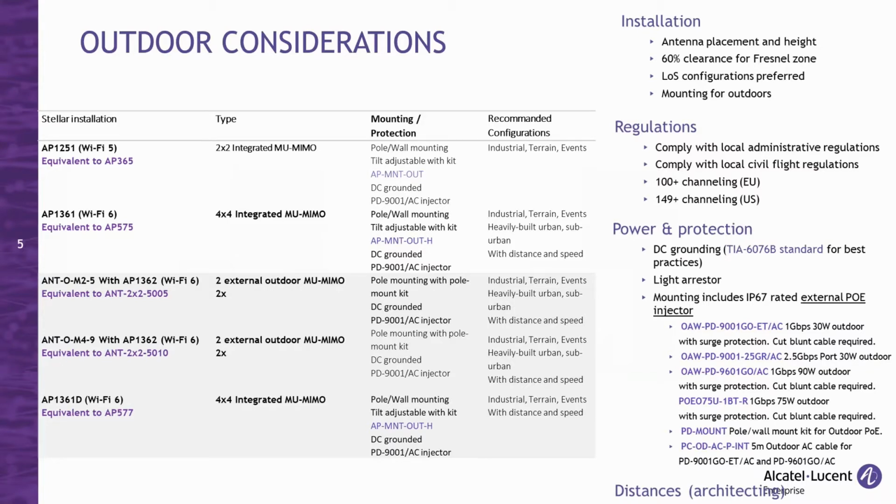A list of PoE injectors supplied with Stellar access point is provided for information. For reference, the table shows different Stellar configurations with antennas and their usages. The expected distances for this type of installation are given in the architecture part.